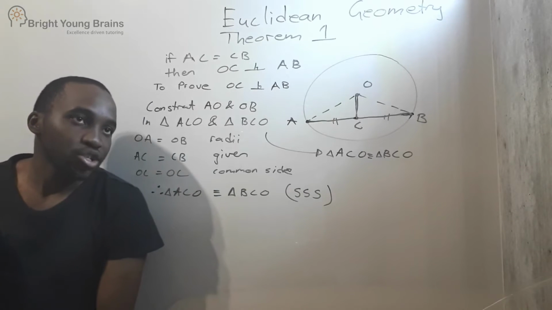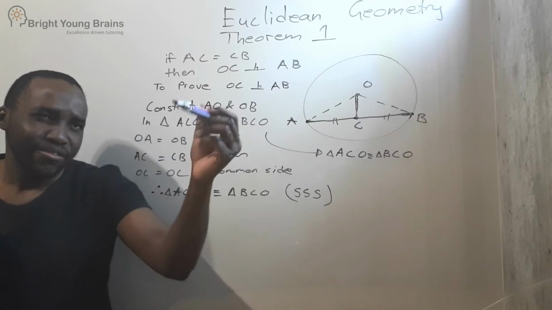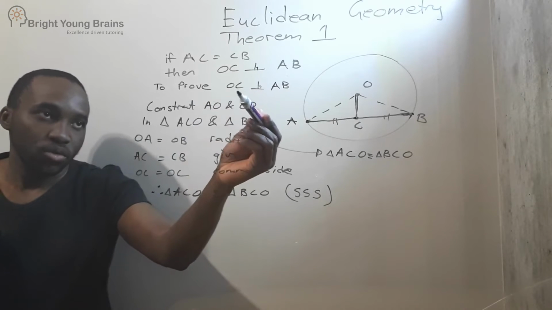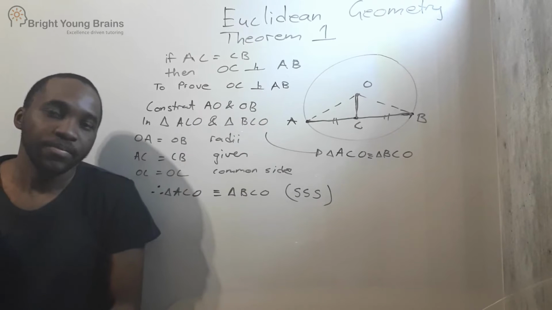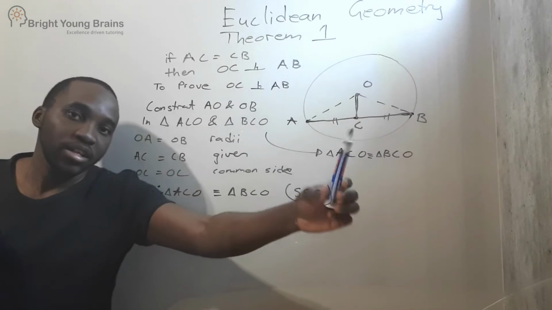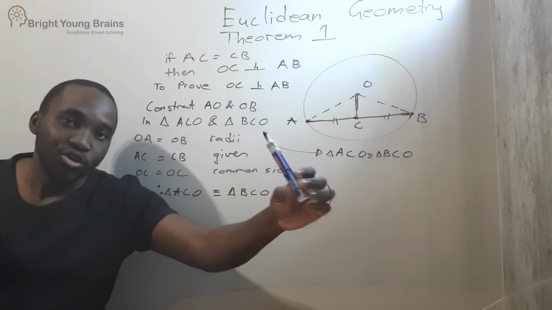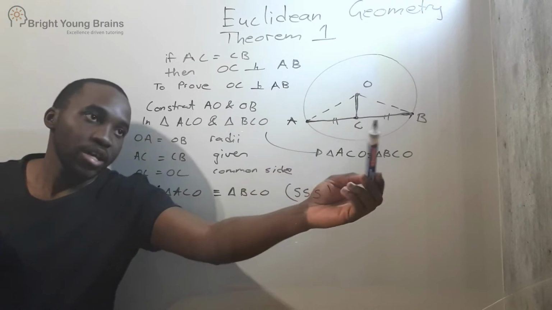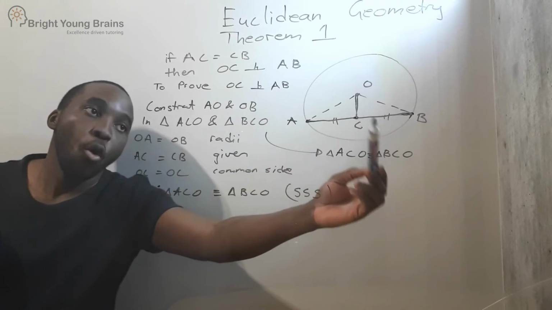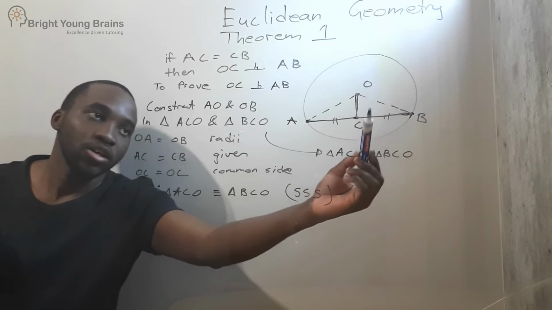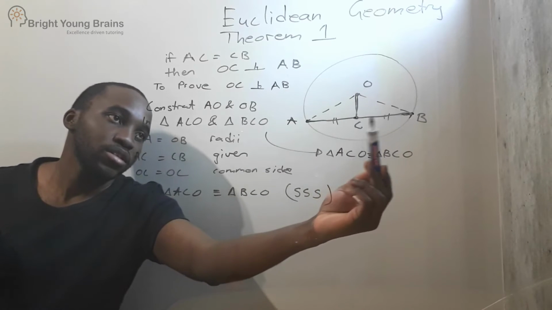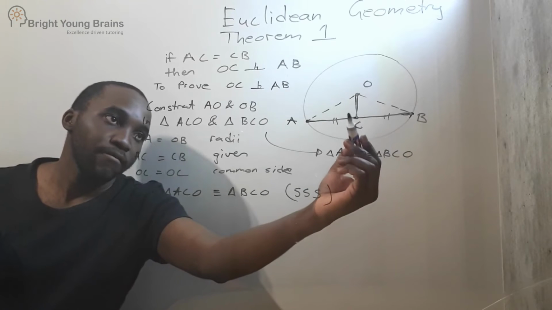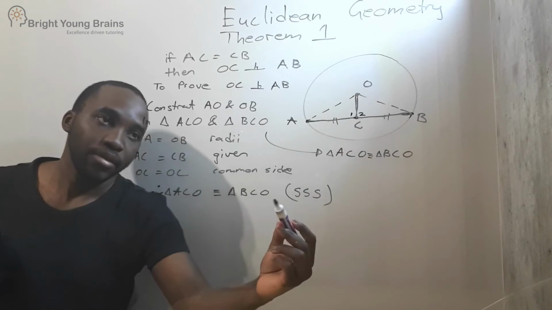Now you may be asking yourself, why are we doing this if we are supposed to be proving that OC is perpendicular to AB? Now the good news is, as long as you've proven that these two triangles are congruent, you can now make use of another geometry law, a law that says angles on a straight line all have to add up to 180. So in our case here, we know that this is a straight line, and then we have an angle here and an angle there.